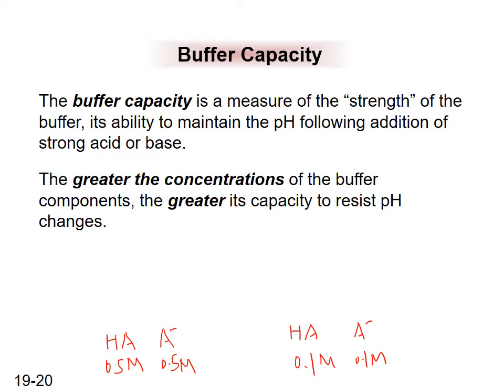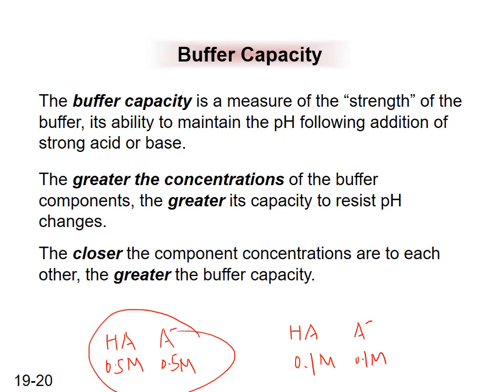Now, which one has a greater capacity? Well, the first one, because it has a higher concentration of acid and conjugate base. If you have a higher concentration, then the buffer solution can absorb more added acid or base and maintain a constant pH value. So that's the first factor.